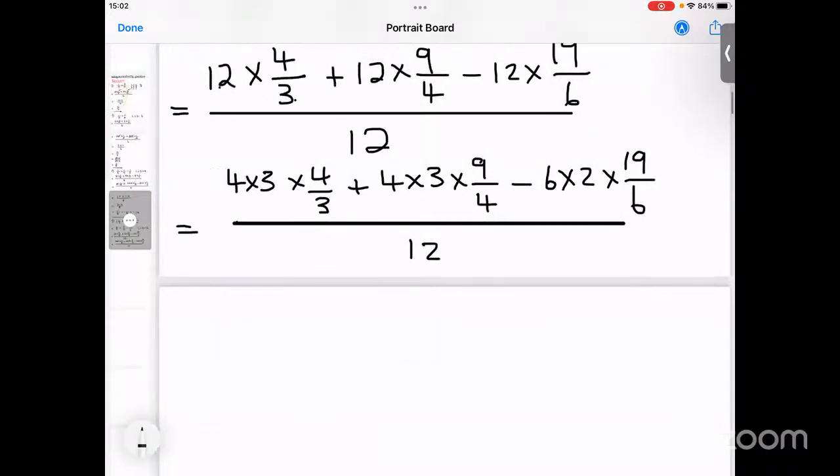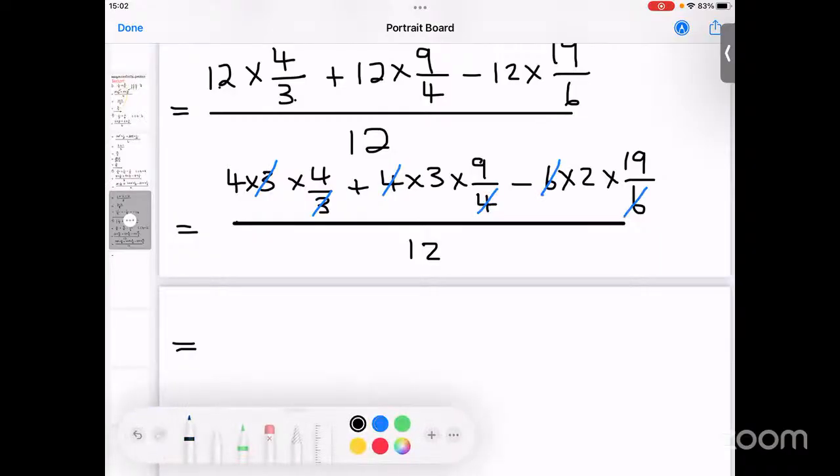So all that you did was just to break down the 12 itself so that you can nicely cancel those numbers that are the same. Just like that one, it appears there and they cancel. That cancels with that, and that is cancelling with that. And you've got 4 multiplying 4.